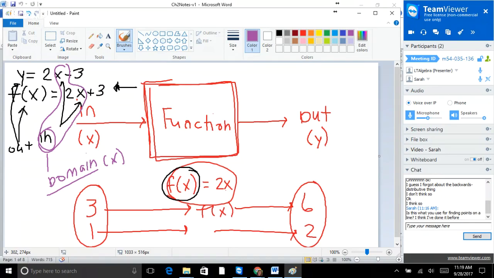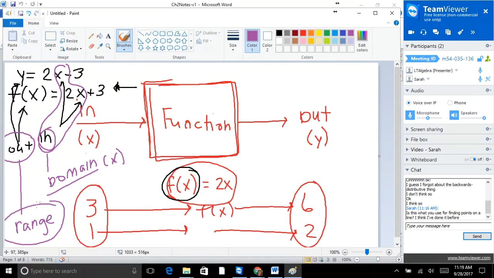So if you've ever heard that before, what is the domain of this function, or what is the domain of this equation? It's talking about what you're putting in, okay? And what you get out is called the range. Okay, so it's like a bunch of different words here, right? But it's really not too complicated when you're actually looking at it.